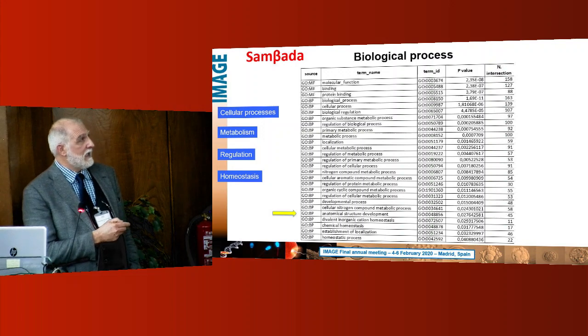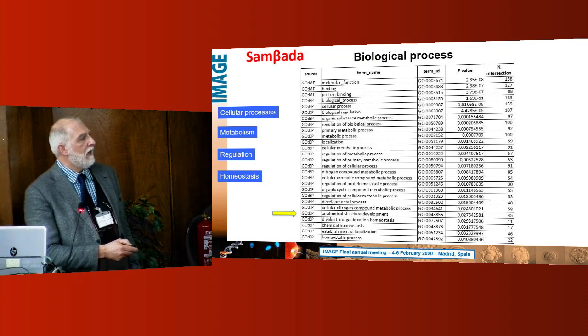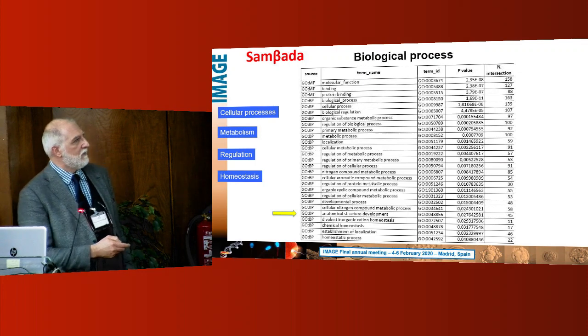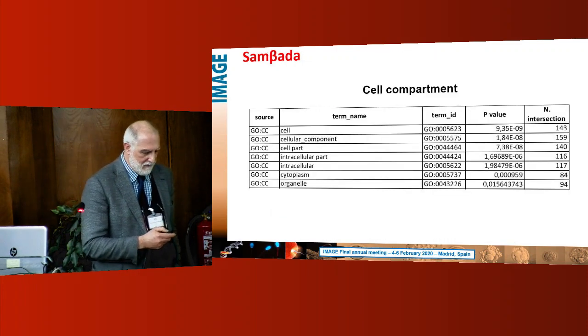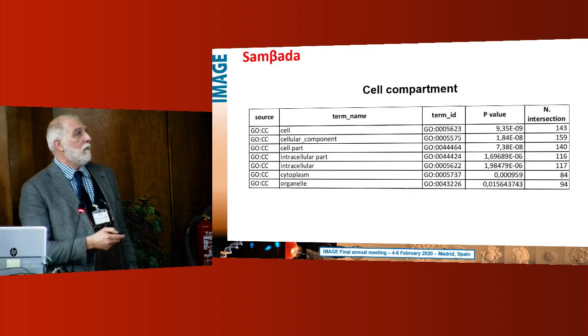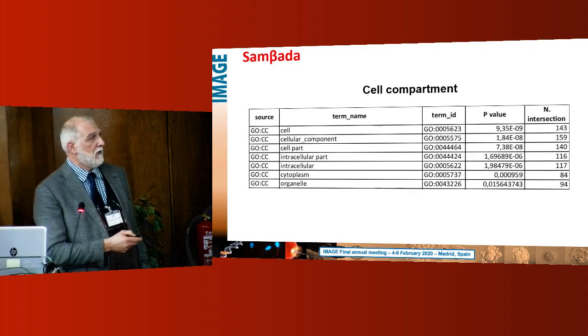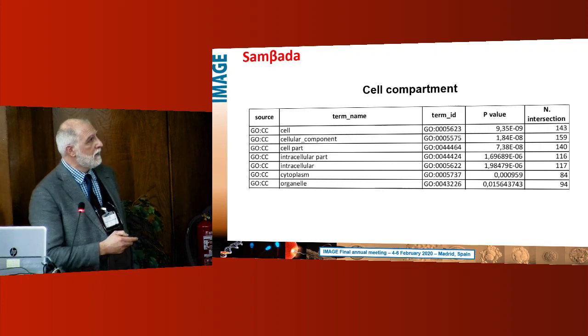You have some on metabolism, homeostasis, cellular processes, and regulation. And then there is also one term here, anatomical structure development, so the shape of the animal. Looking at the cell compartment, they are everywhere, so in the cytoplasm and in the organelle.